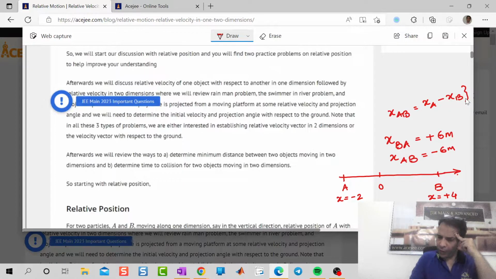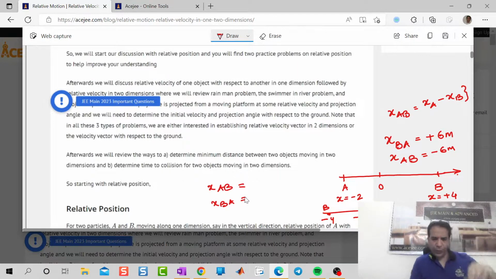Okay. So if both are in the negative sign, just as building up our immunity here, this is A, this is B. So what will be x of A with respect to B and x of B with respect to A? So what will be the relative position of A with respect to B?